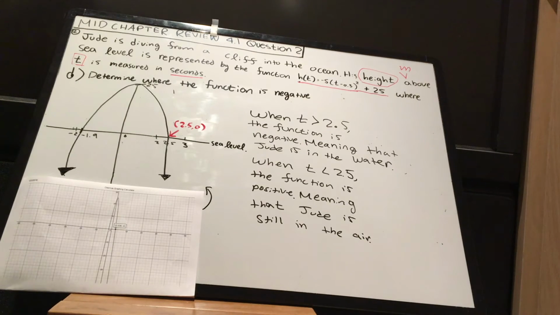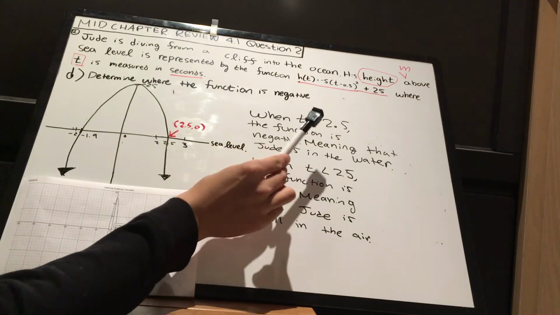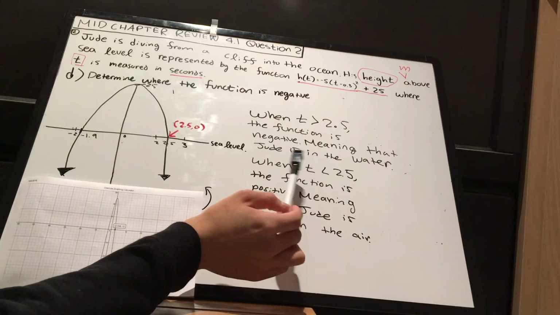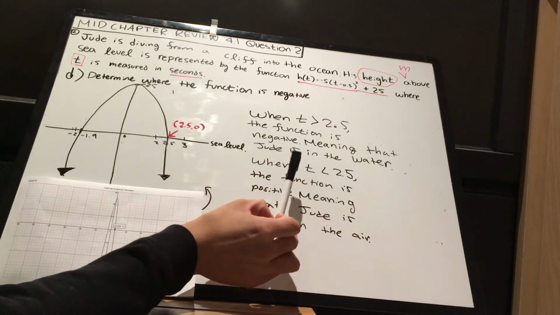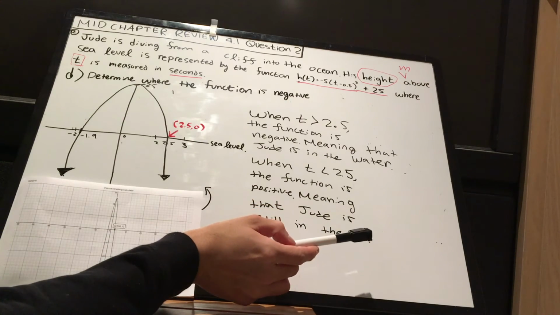Part D, determine where the function is negative. So, I'm going to read out the answers first and then explain to you why this happens. So when t is greater than 2.5, the function is negative, meaning that Jude is in the water. When t is less than 2.5, the function is positive, meaning that Jude is still in the air.